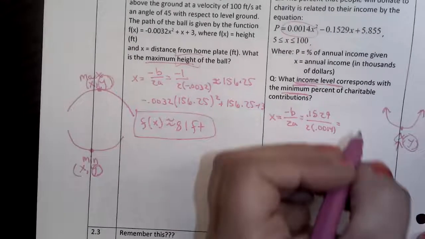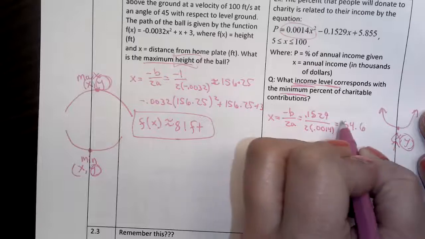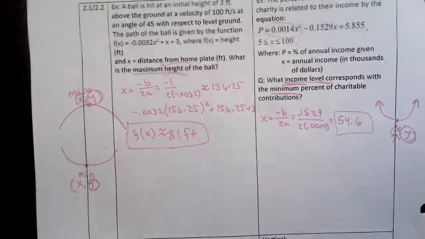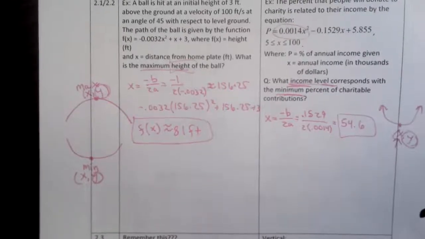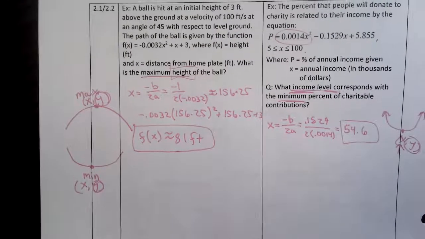And that's going to be 54.6 thousands of dollars. So people who make $54.6 thousand a year are the lowest contributors to charity. And that's just based on this relationship here.